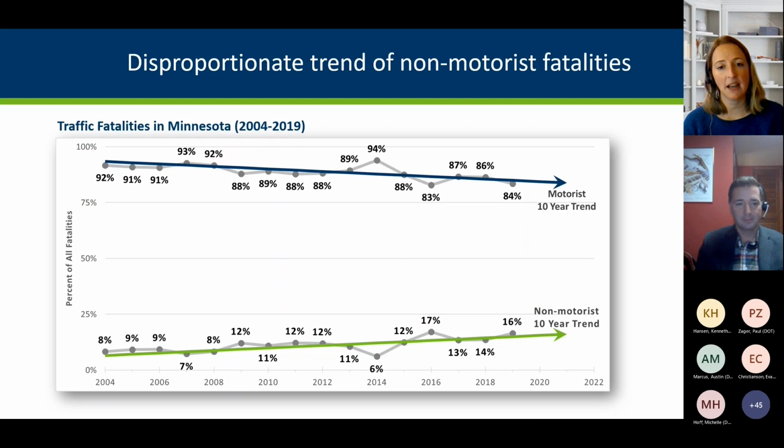So we've put a good effort into reducing motor vehicle related traffic fatalities, and we're seeing some good returns on those efforts. So if you look at the trend line on the top, the blue, you'll see that the trend line for motorist fatalities is trending down. And that's great. But unfortunately, that's not the same for non-motorist traffic fatalities that have been increasing in that same time period.